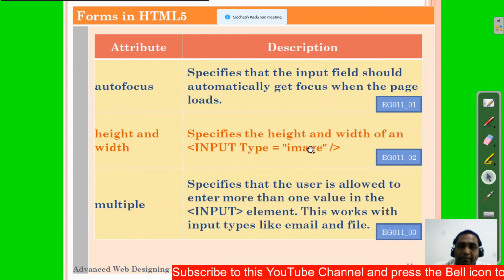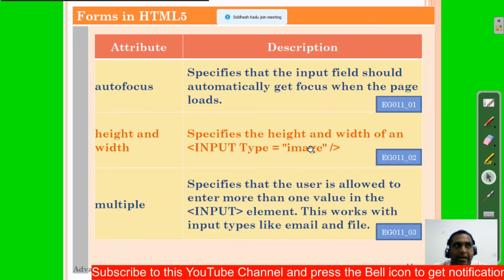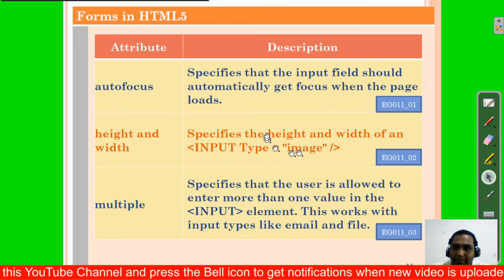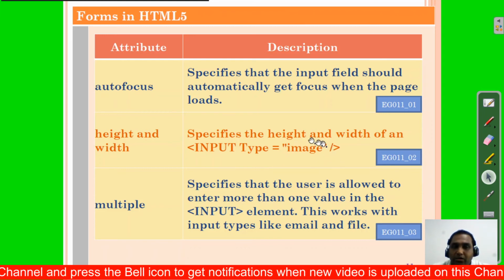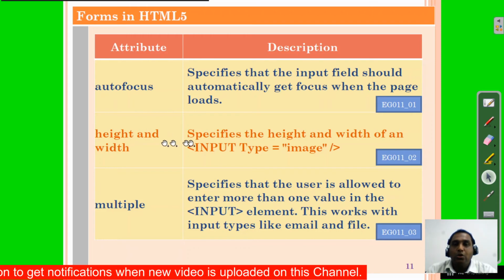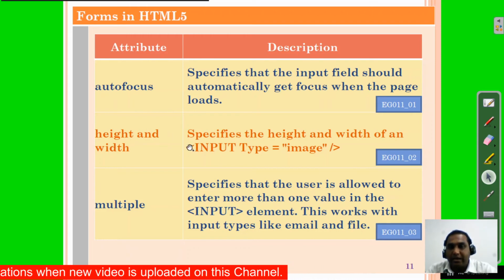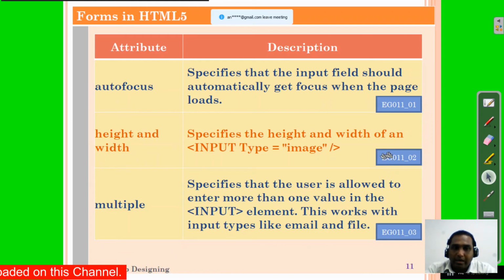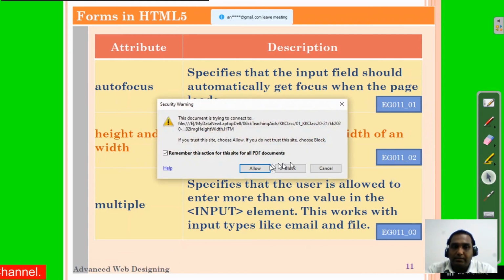If you want to display an image button as a submit button, then we write input type equals image. For that image, irrespective of the original height and width of the image, you can specify it with height and width. I'll show you the code for this.